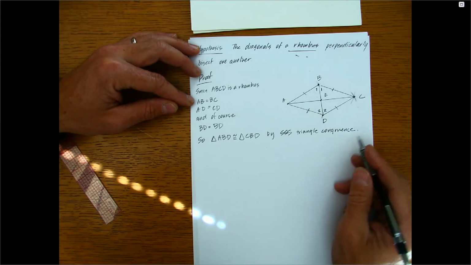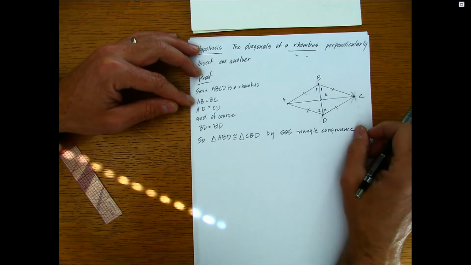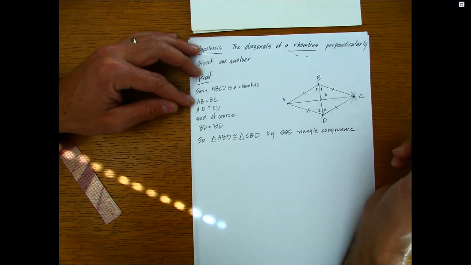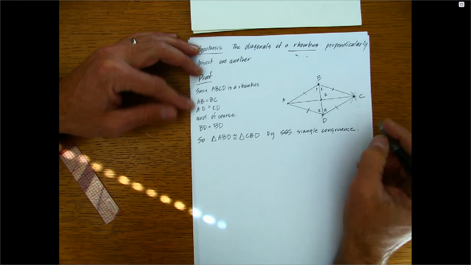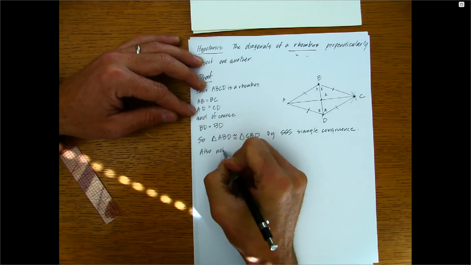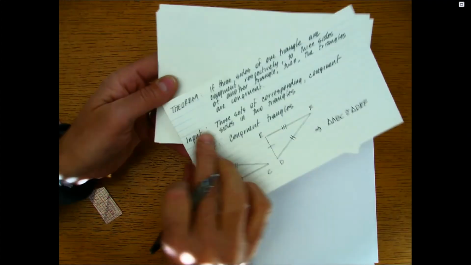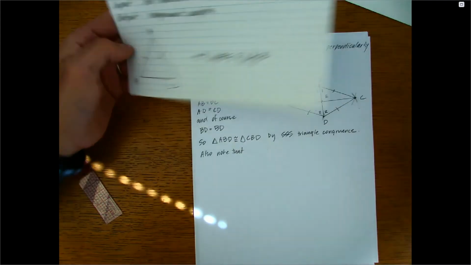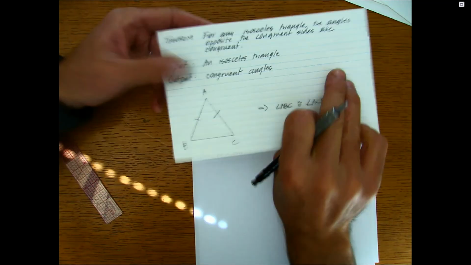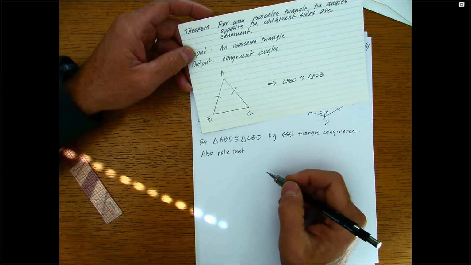But I think we should be a little bit careful, because what we really want is for both of those angles to be the same if we're going for triangle congruence on each of these four triangles. So we should also note that we've used side side side triangle congruence, but I want to use my isosceles base angles theorem, which says that anytime I have an isosceles triangle, the two base angles must be congruent.